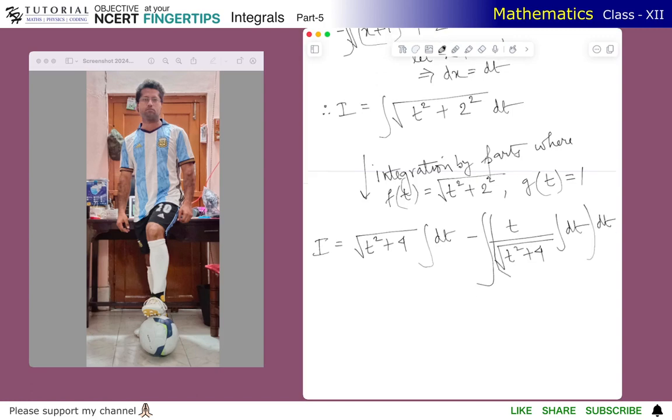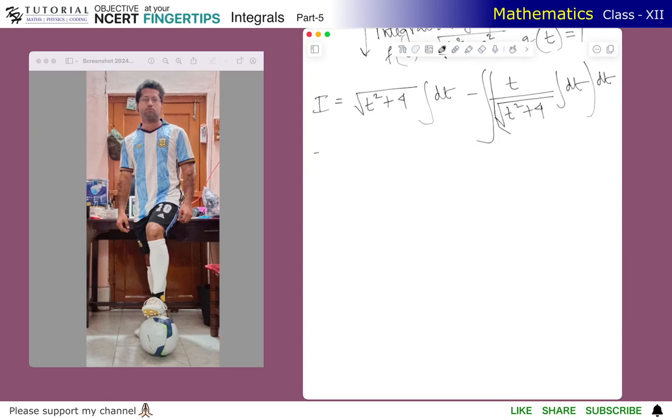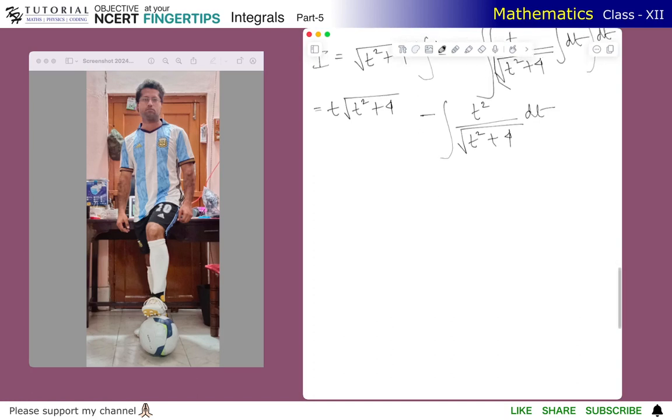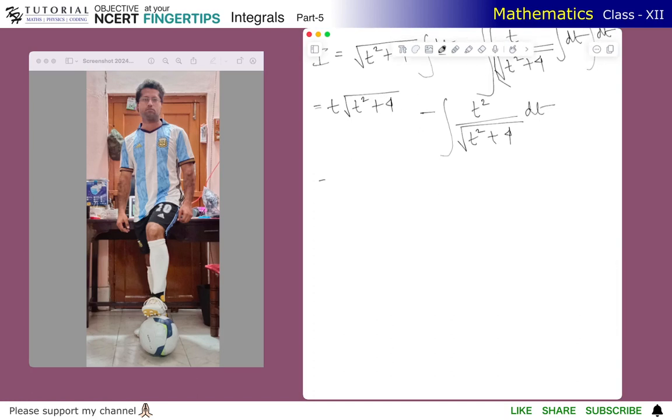So we have this equals t into root over t square plus 4, minus the integral of t square by root over t square plus 4 dt.